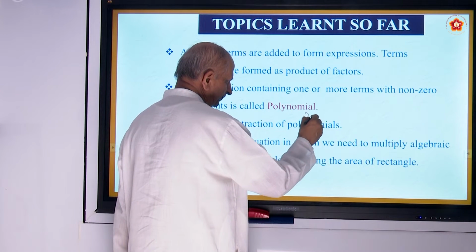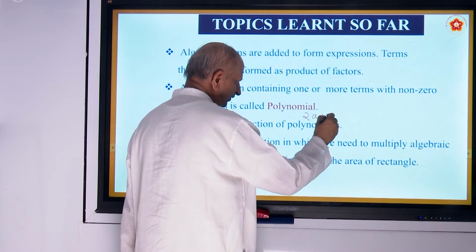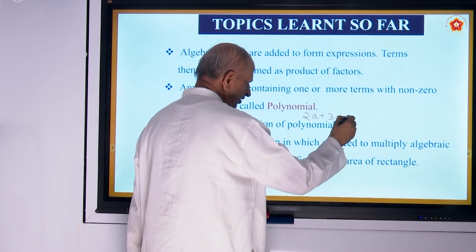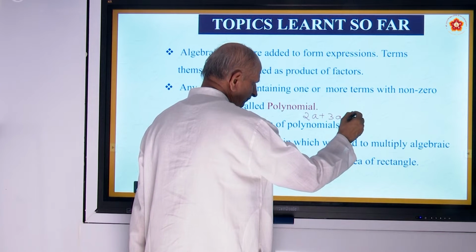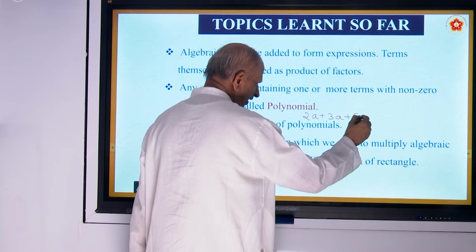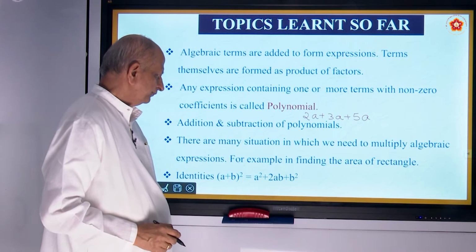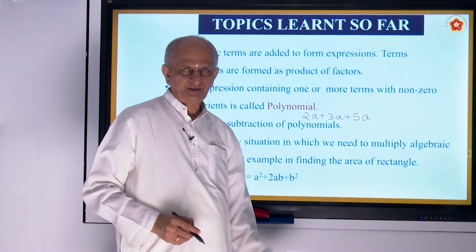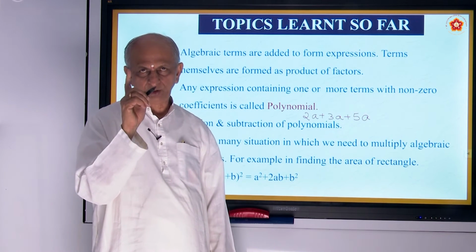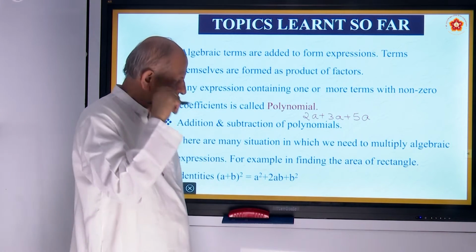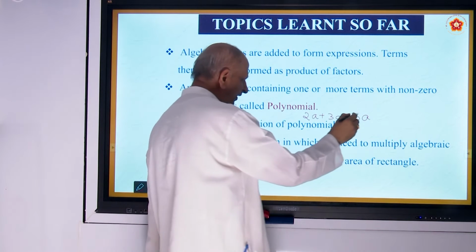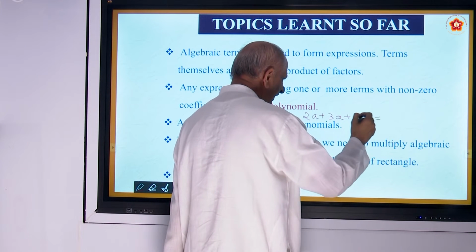What are like terms? Like terms means they have the same power and they have the same unknown term. These are called like terms because they have only one unknown term called a, and the power of that is the same. Then you can add it.